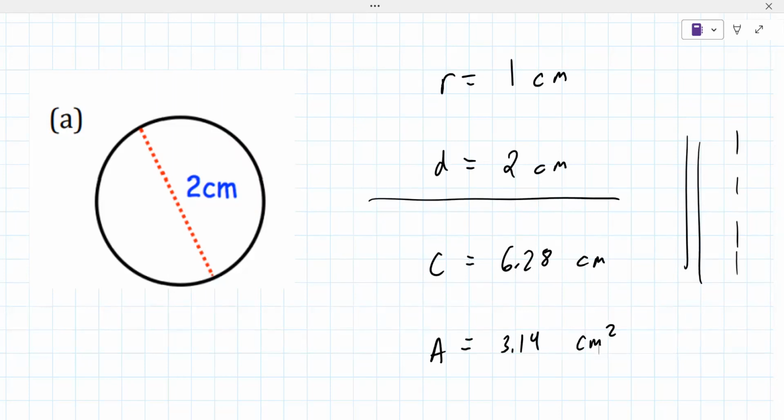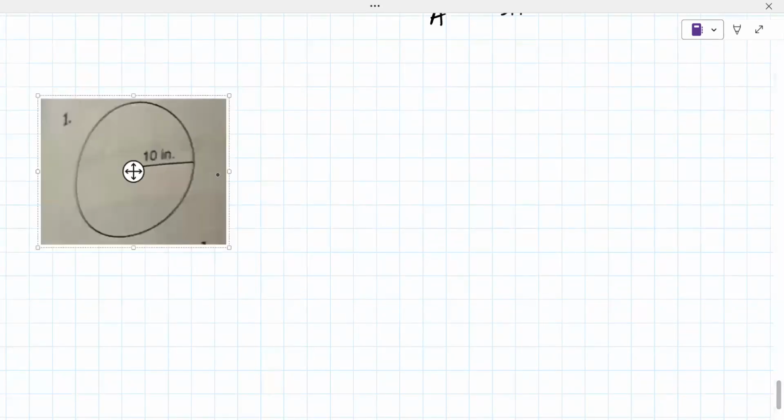Okay, so I got another problem here queued up. This one's from your book. We'll do the same thing. You have to find these 4 pieces of information: we want you to determine the radius, the diameter, the circumference, and the area.